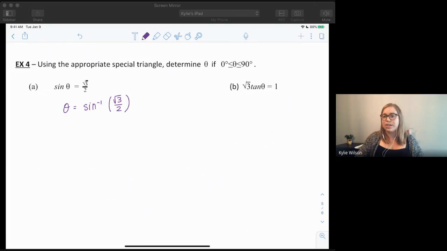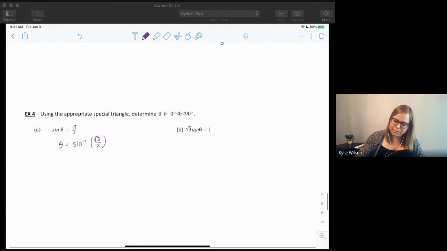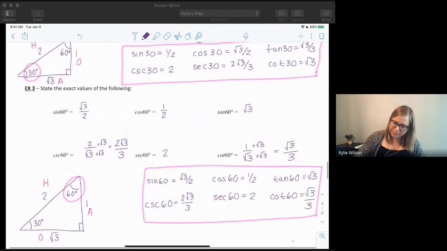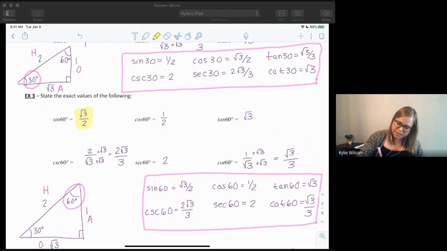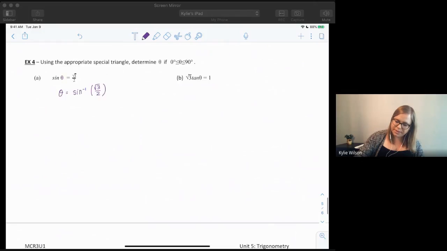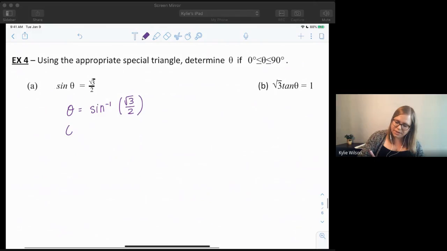So if you start to remember all of your special triangle values, we should get to a point where we remember that root 3 over 2 is sine 60. And if I go and look back through here, where's root 3 over 2? Oh, it's right here. So the angle must be 60. That is basically what we're doing here. If you put this in your calculator, though, you would end up getting the same answer. So it would end up working out.